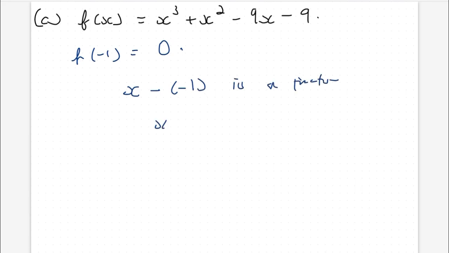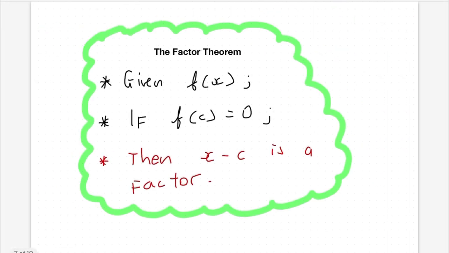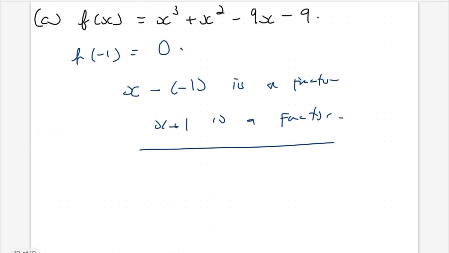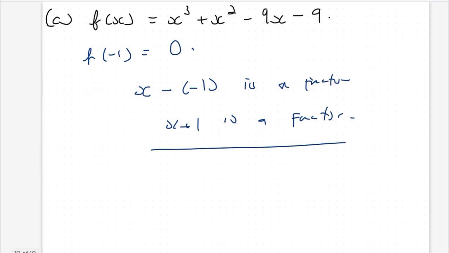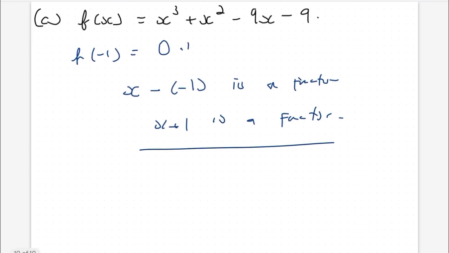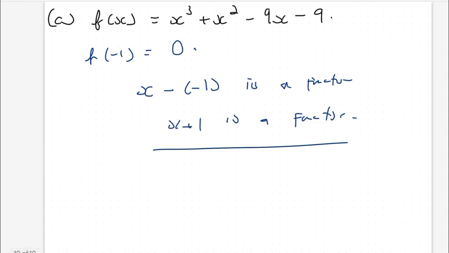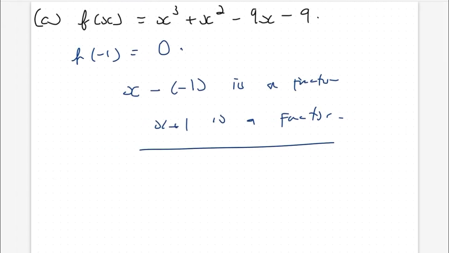In other words, x plus 1 is a factor. Why? Because if f of c is 0, then x minus c is a factor. In this case, minus 1 made f 0, so x plus 1 was a factor.